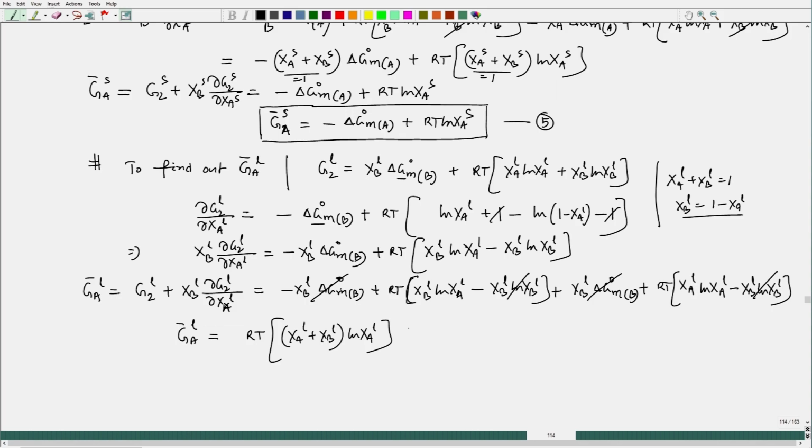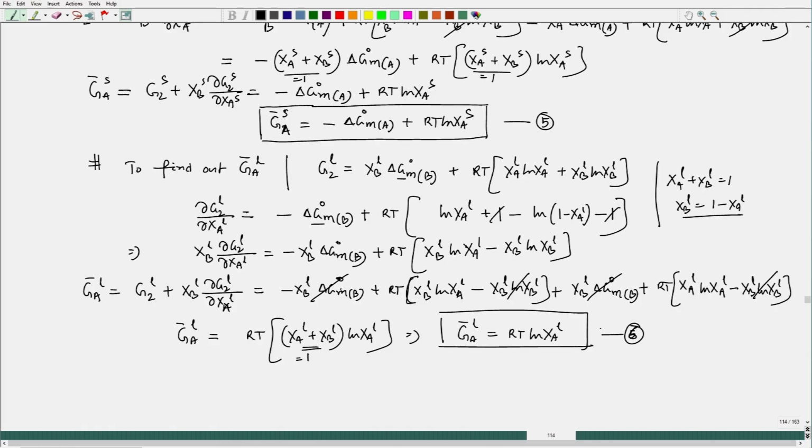So G bar AL should be equal to RT, this is 1, so RT ln XAL. This is equation 6.